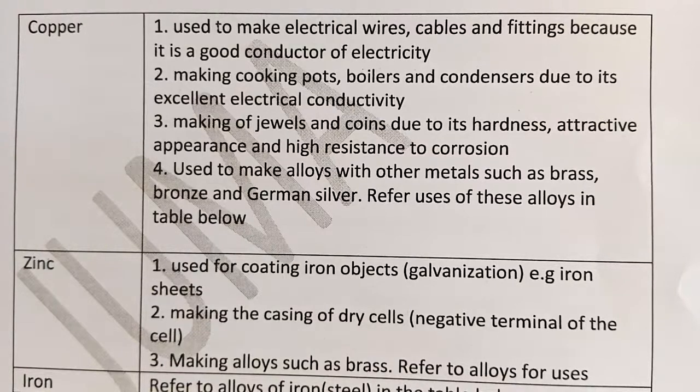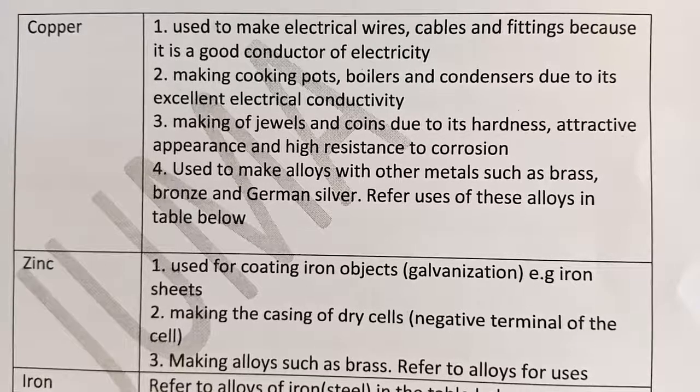An alloy is a molten mixture of 2 or more metals. So when it dries up, the material it forms is called an alloy. And usually an alloy has better properties than any of the individual metals that make it.